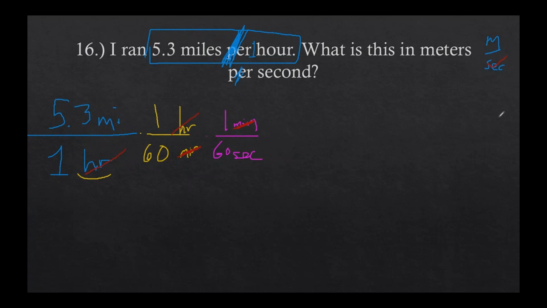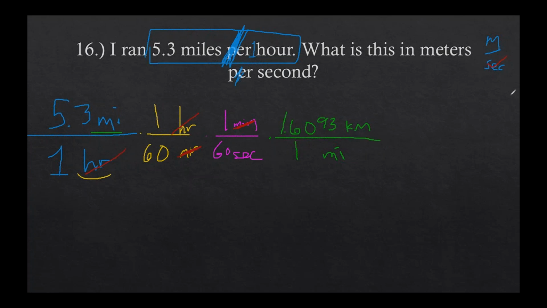So now I can start in on the numerator and think, okay, miles. I need to get rid of miles and go to meters. Well, I can go from miles to kilometers. So if I think through that, I know miles is in the top over here, so miles has to go in the bottom. And I know that 1 mile is the same as 1.6093 kilometers.